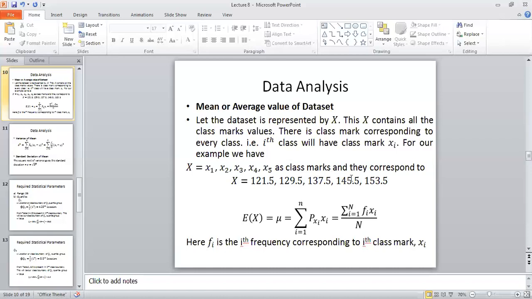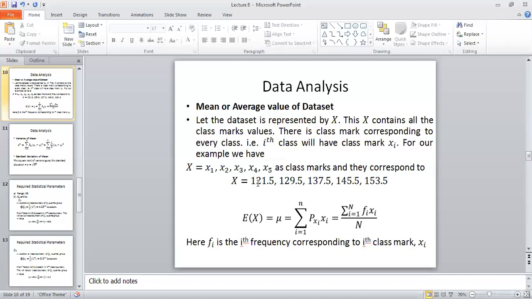And we will now use the mean value formula to find the average of this data set. If you can recall, we learned from ungrouped data statistics that the mean, given by the expected value of x, or the Greek symbol mu, can easily be determined by using the sum of the products of the probabilities of each value in the data set multiplied by the value itself, summed over the whole data set.